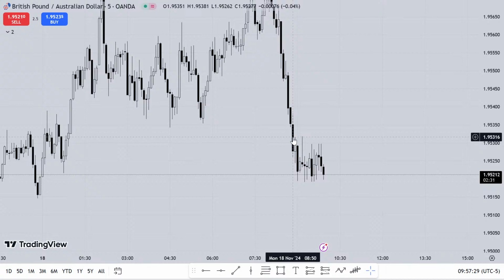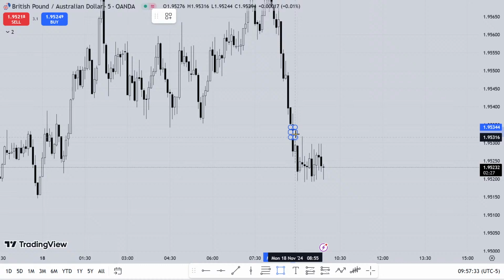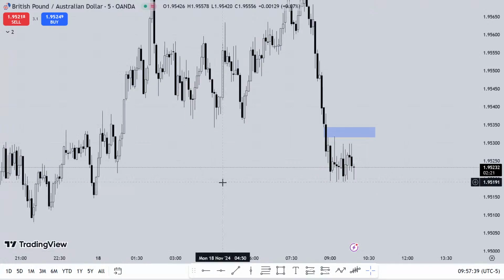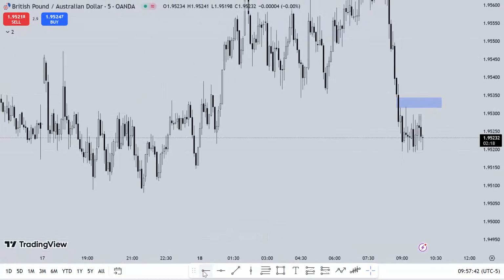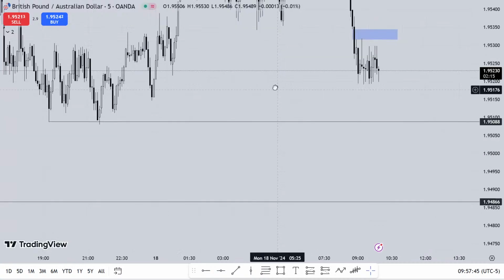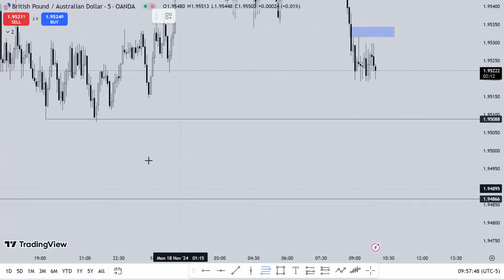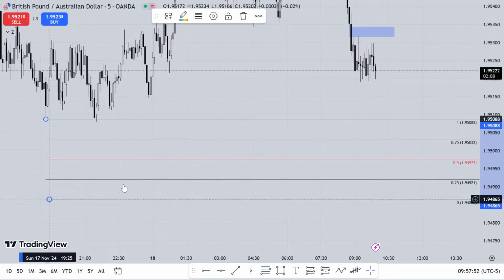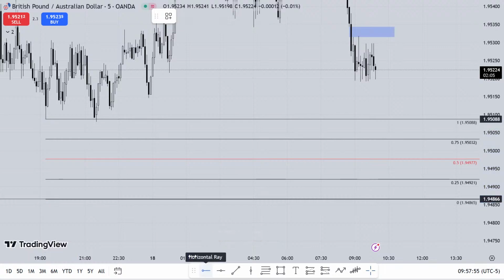Price trades to this imbalance here. So here we have the first target and the second target. When you take the midpoint of this liquidity pool down to this, this is where price is coming to for the Pound Aussie.